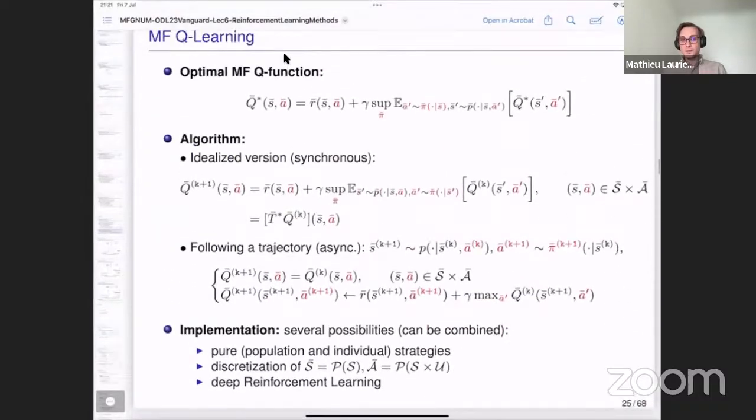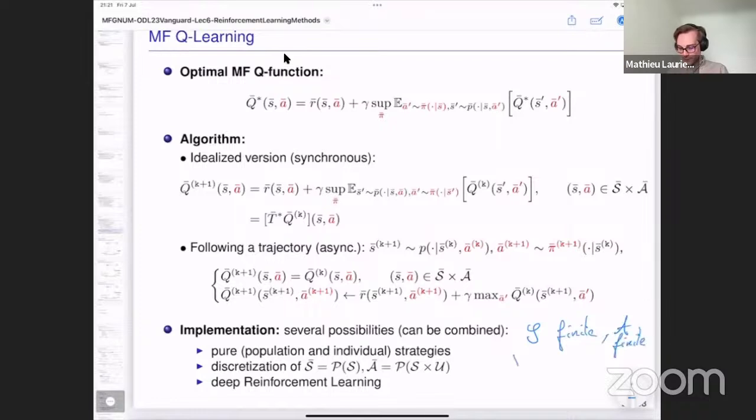So for the implementation, if we think about how to implement that concretely in a computer, it's not so simple because, of course, you have this distribution here. Let's imagine that S is finite, and A is finite as well.